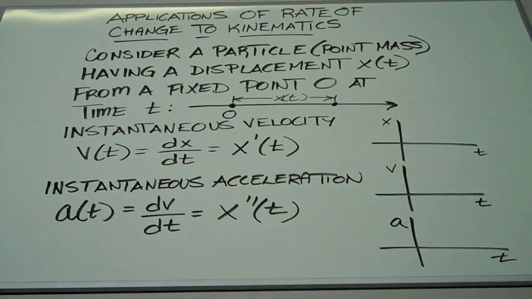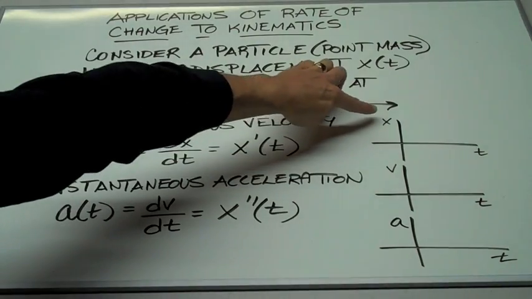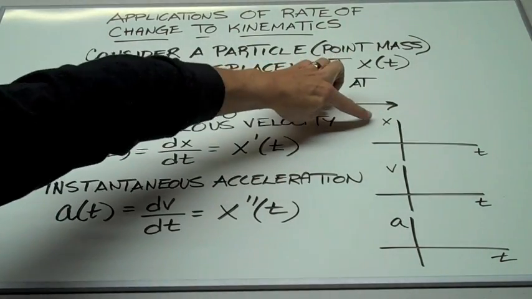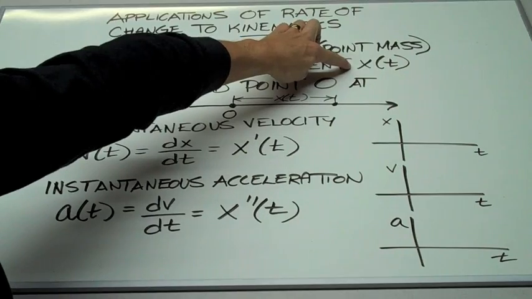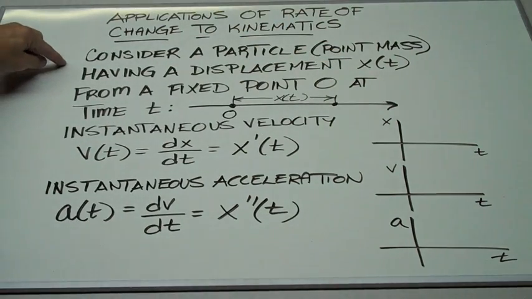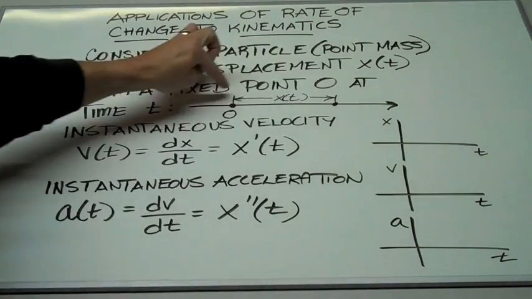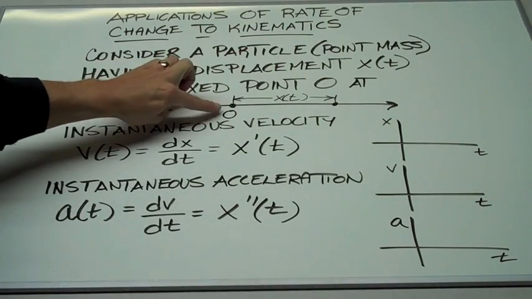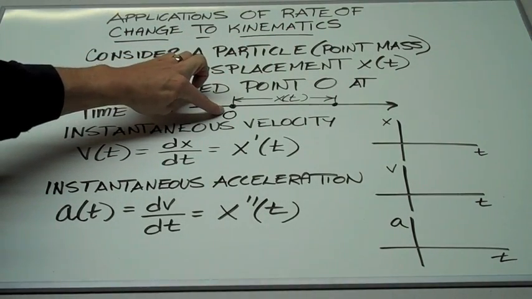Let's consider now another application of rate of change, and that is to kinematics, which is the study of motion. If I consider our original function x of t, in other words, how does x change relative to t? X being position. And the function is x of t. Consider a particle with a point mass having a displacement of x as x of t. That's our displacement. This distance here is x of t from a stationary origin, we'll say.